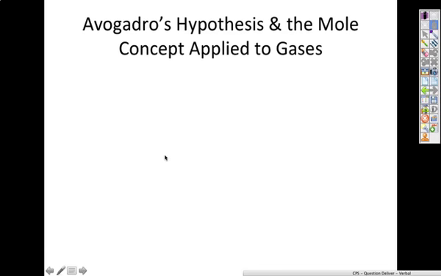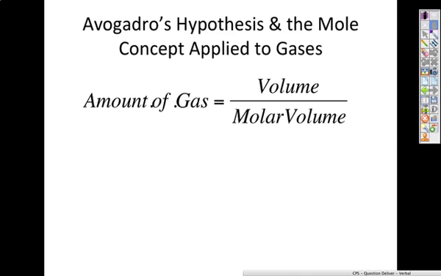So, we're going to have 3 equations to memorize from today's notes. The first one deals with Avogadro. Avogadro is the guy that came up with 6.022 times 10 to the 23. But he also did stuff with gases, and that's where this comes in. So here's our first equation. The amount of a gas is equal to the volume divided by the molar volume.